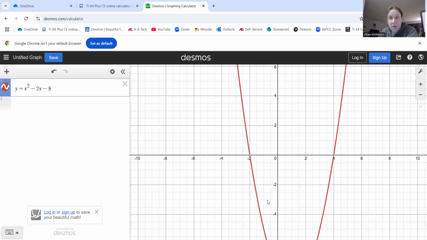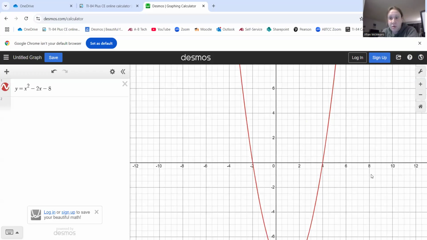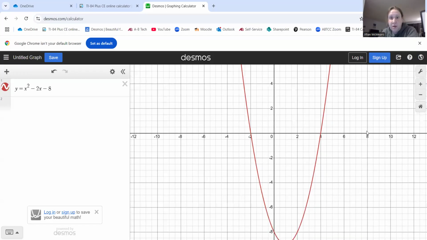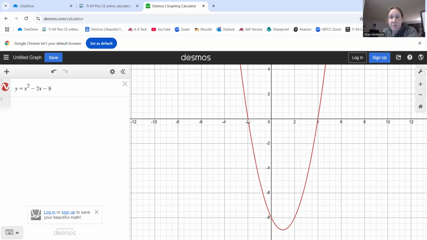Well, that looks pretty much like what we had. I need to scroll down a little bit. So you can see that our x-intercepts are at the points (-2, 0) and (4, 0). Our vertex is the point (1, -9), and our y-intercept is the point (0, -8). So we can verify all of those really important points here. And if you want to see the axis of symmetry, just for the sake of understanding, we decided the axis of symmetry was x equals 1.